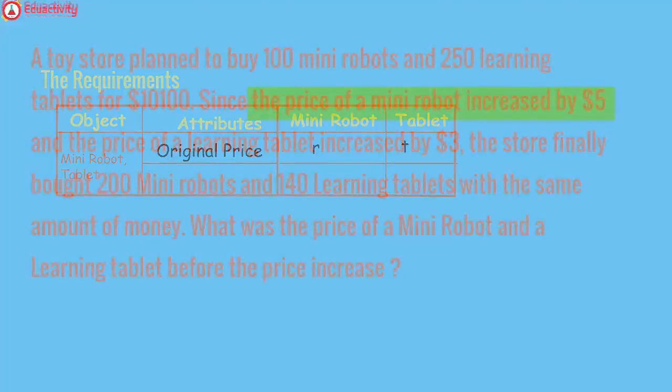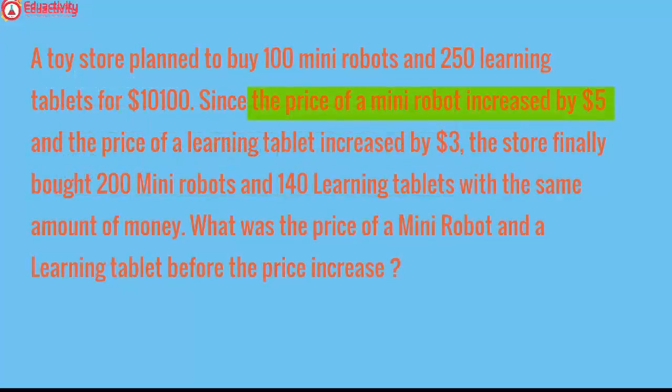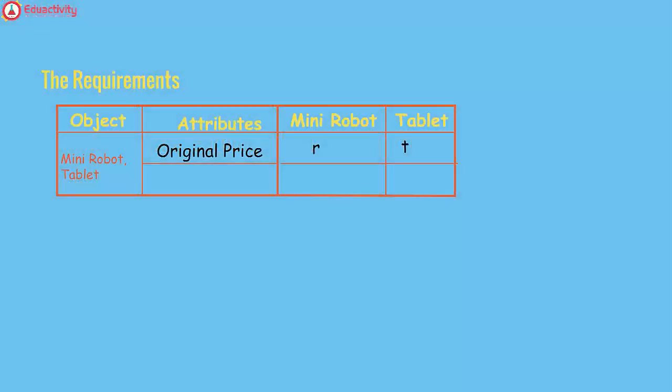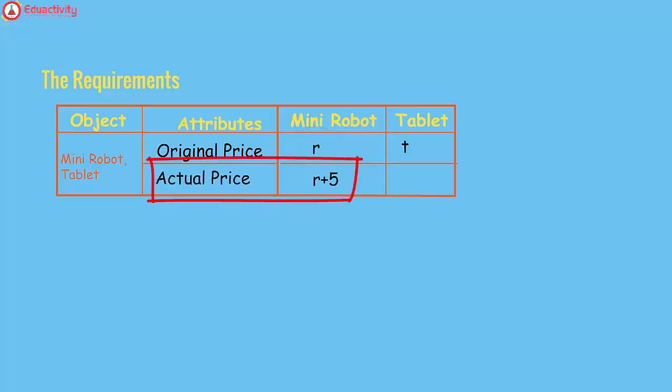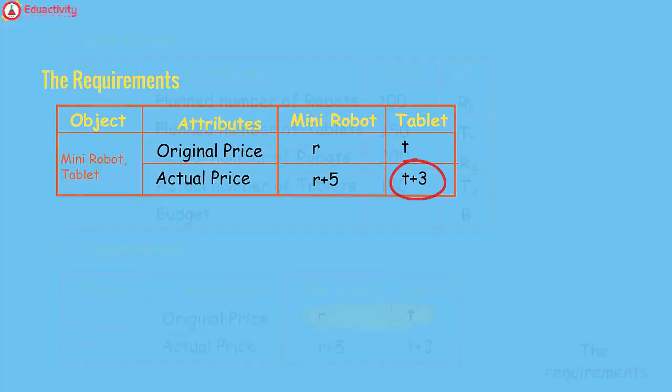For example, the actual price of a mini robot is greater than its original price by $5. We can represent this relationship in the table as follows. If R is the original price of the robot, then R plus 5 would be the actual price of the robot. The same principle applies to the price of the tablet as well.